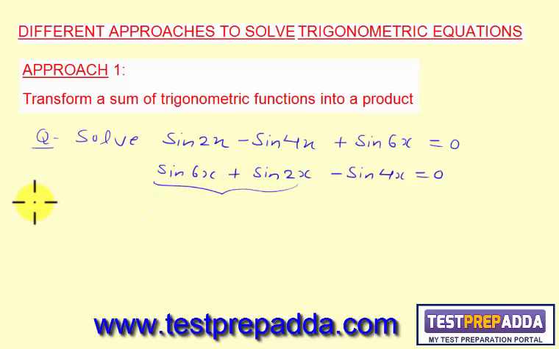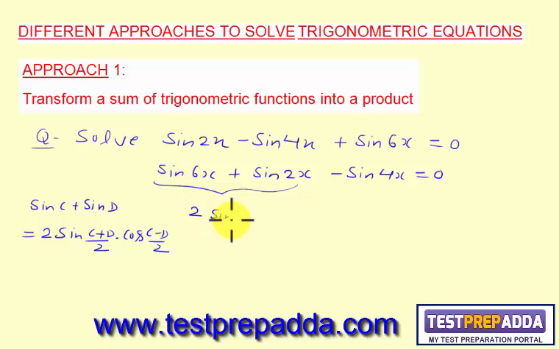Recall the transformation: sine C plus sine D is equal to 2 sine (C plus D) by 2 into cos (C minus D) by 2. So here it becomes 2 sine 4x into cos 2x minus sine 4x equal to 0.